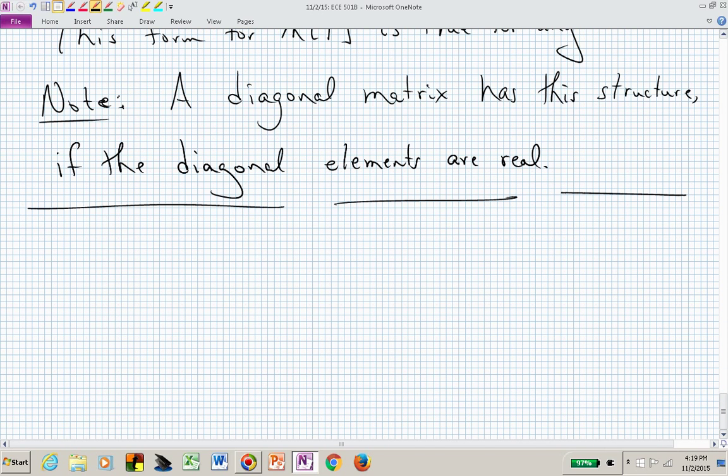So let's look at this from a very simple perspective, just to get a little bit more insight into what we're dealing with when we're talking about these adjoints and self-adjoint maps.